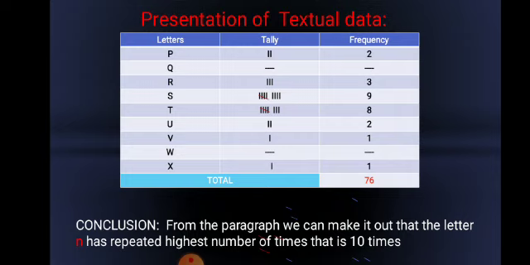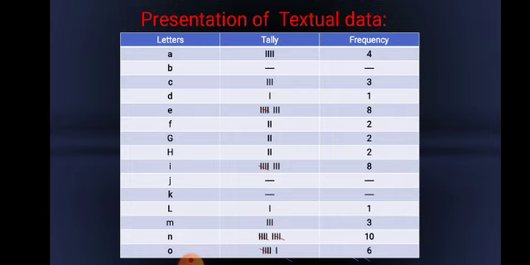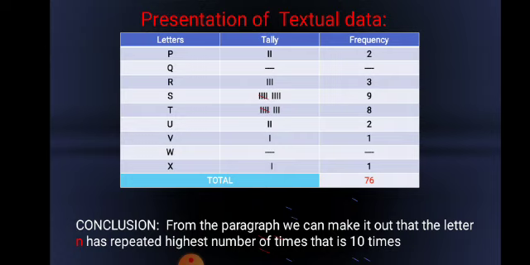So finally, what is the conclusion? From the paragraph we can make out which letter is repeated the most number of times. Here you can see in the first slide, N is repeated 10 times, and no other letters are repeated more than 10 times. So we have to bring some meaningful result out of this paragraph, right?